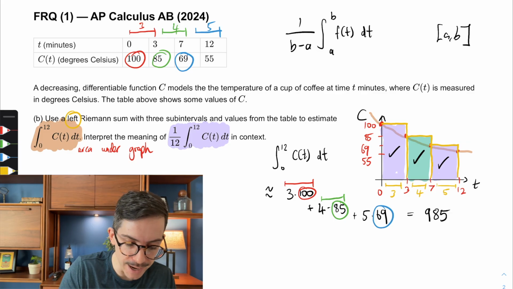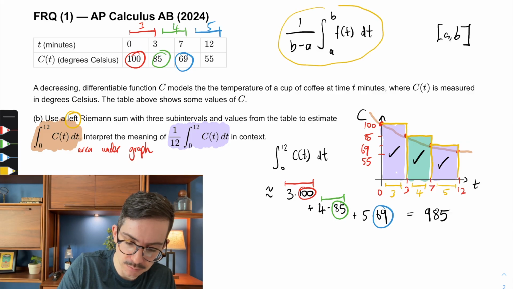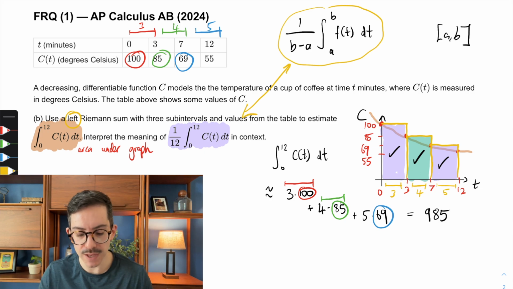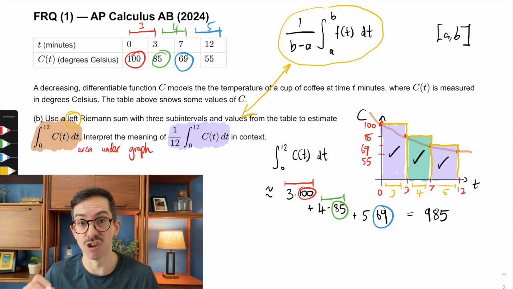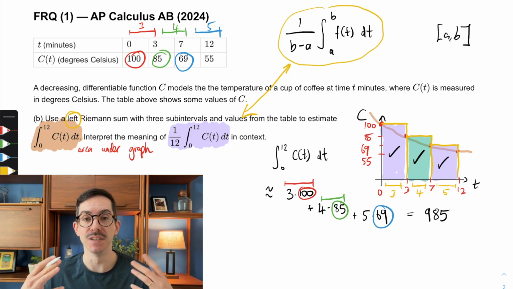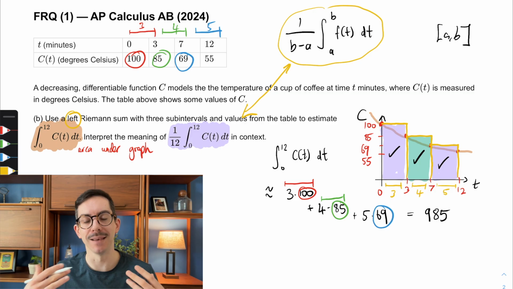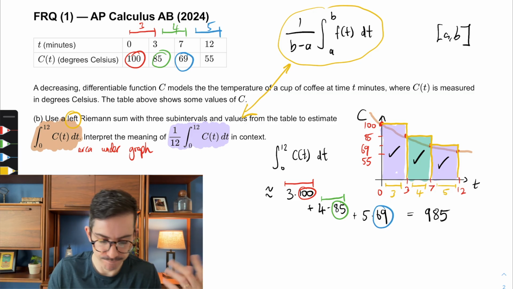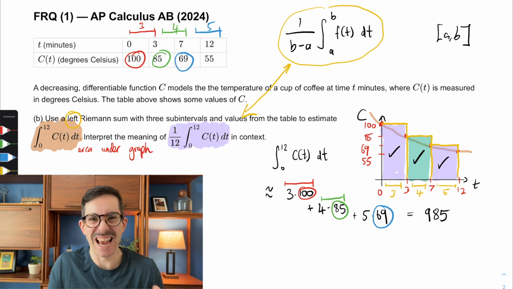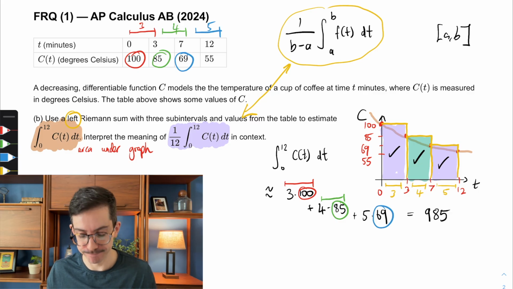So if you compare this formula with the expression that they're asking us here, well, this is just the integral of, in this case, c over the interval 0 up to 12, which has length 12. So we're dividing the integral of c from 0 up to 12 by the length of the interval, 12. So it's just the average value of that function, the average temperature of the coffee.